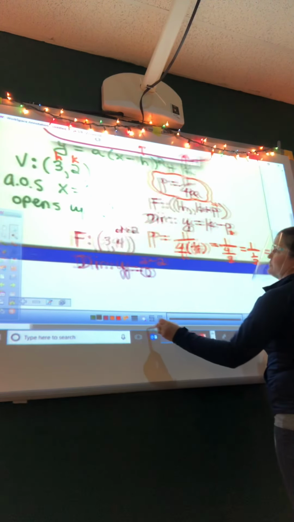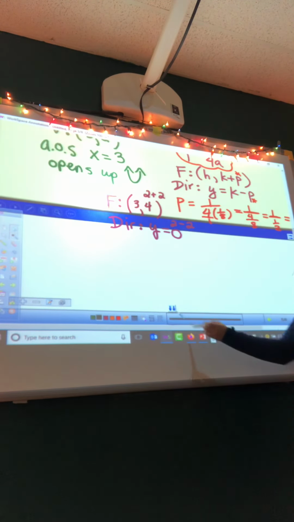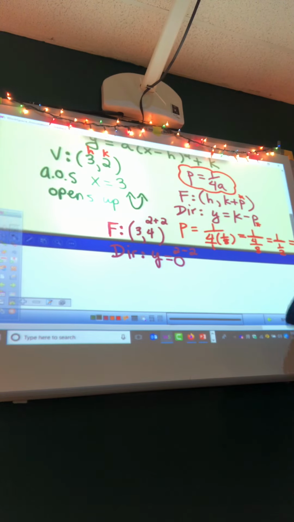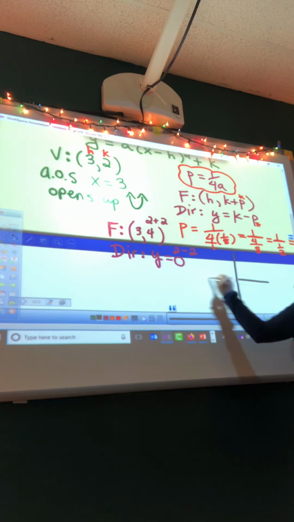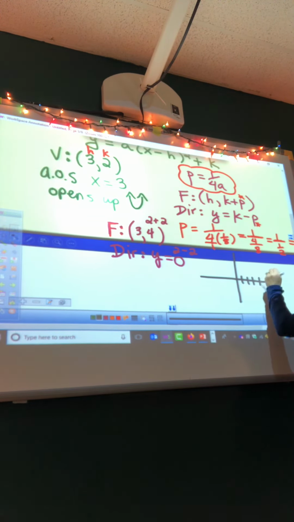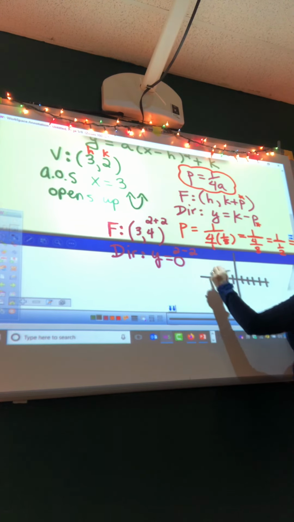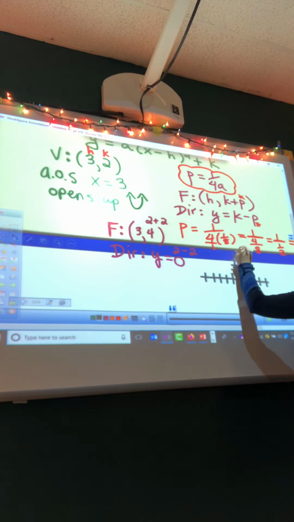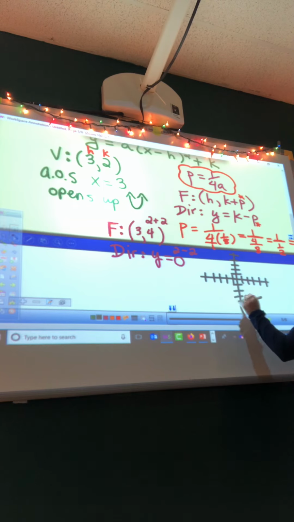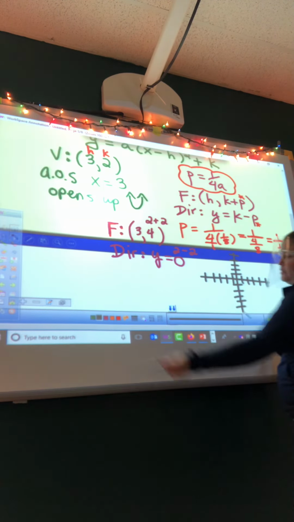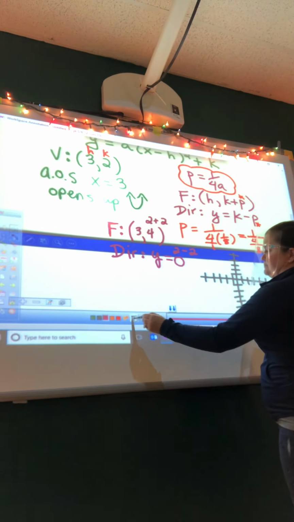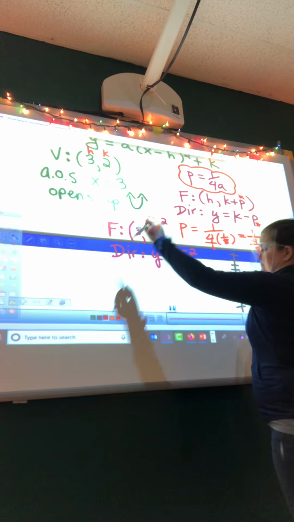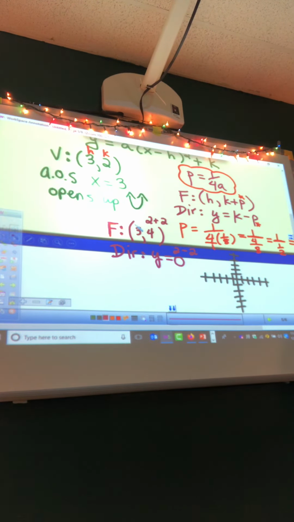All right, I'm going to move this over here. All right, (3, 2) is my vertex.